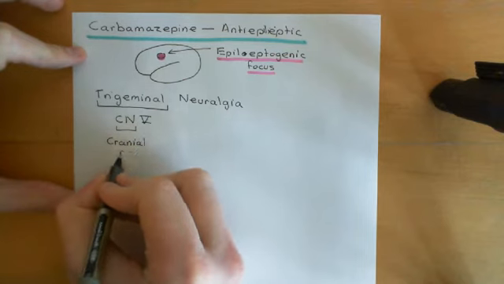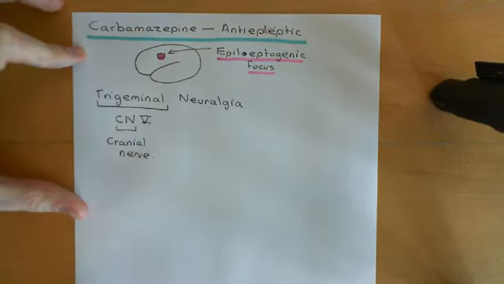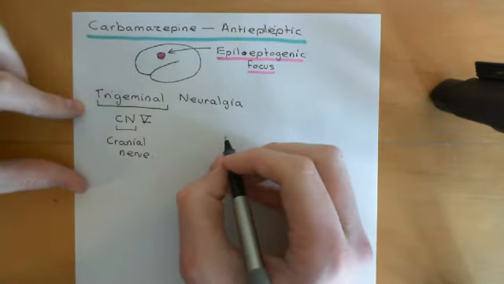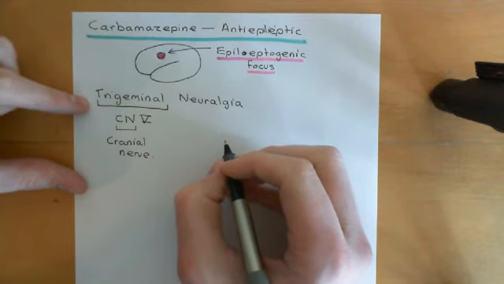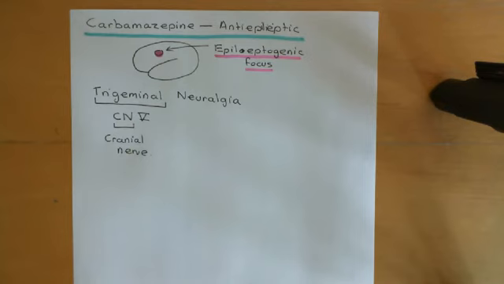Basically, the pathology of trigeminal neuralgia is believed to involve the trigeminal nerve getting compressed by an artery at the point that it enters the brain. So let me tell you where the trigeminal nerves actually enter the brain. They enter the brain at the level of the pons.